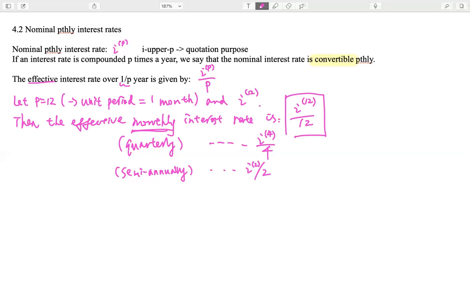Usually those are the usual cases we have for P. But of course, P does not need to be a nice number. P can be, let's say, 20. Then it does not correspond to any known time unit. It's not a month, it's not a week, and you will need to round to some decimal numbers. But in general, it can be anything. The theory applies to anything.